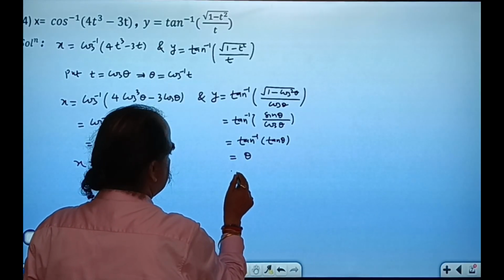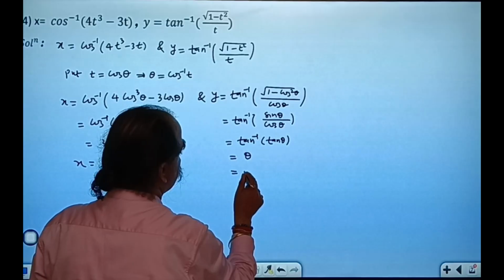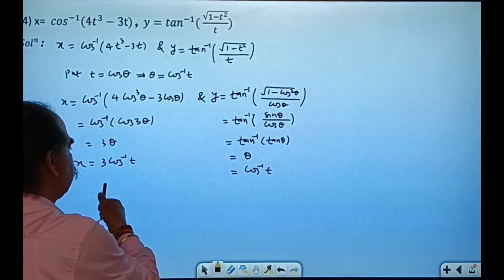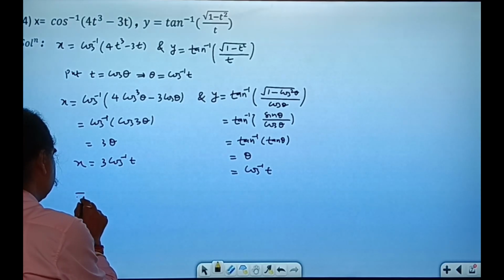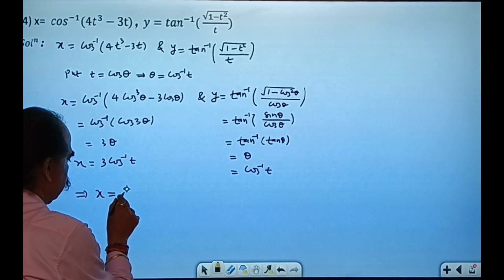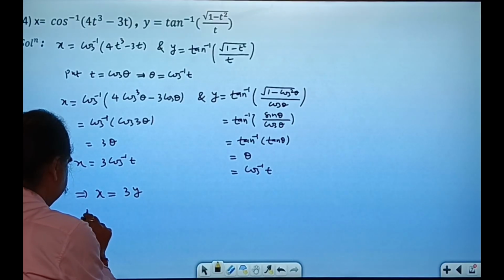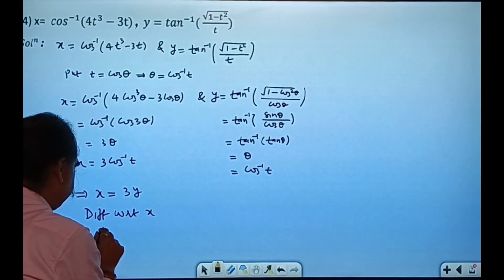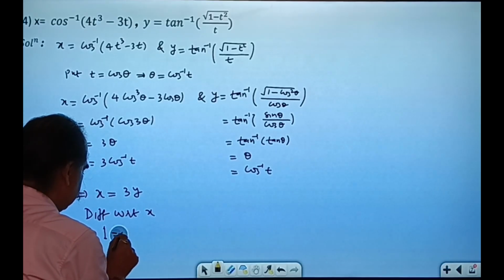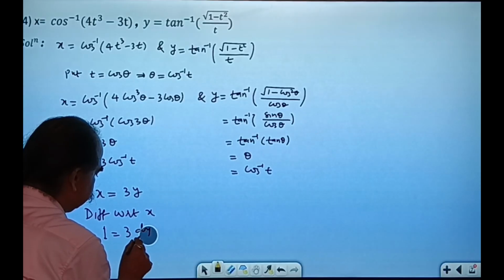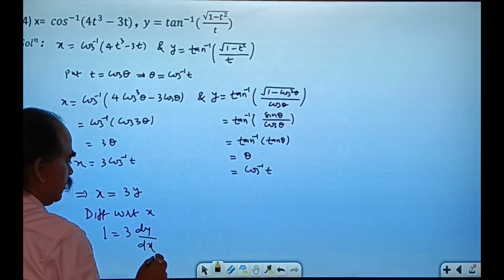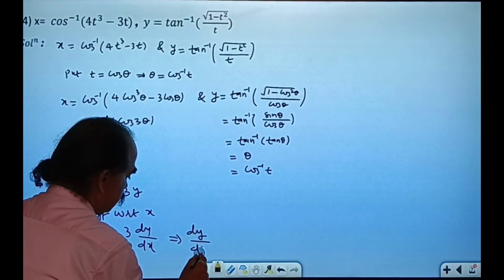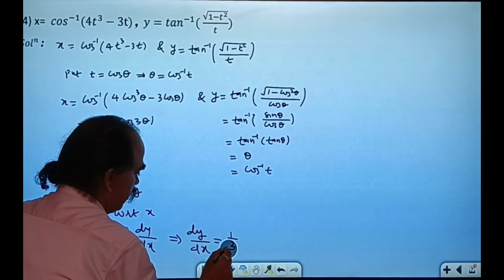Theta. And theta is what? Cos inverse t. So x can be written as 3 times y. Differentiating with respect to x, the derivative of x is 1, which is equal to 3 dy by dx. So this implies dy by dx is what? 1 upon 3.